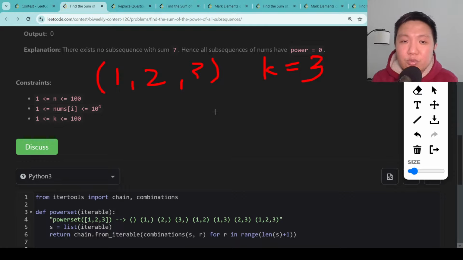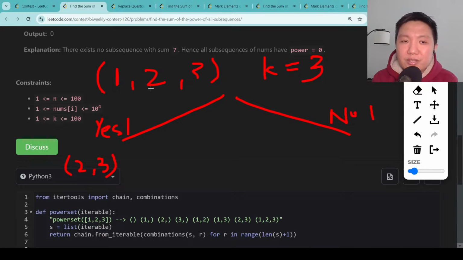Then either you take 1 or you don't take 1. So you say yes to 1 or no to 1.